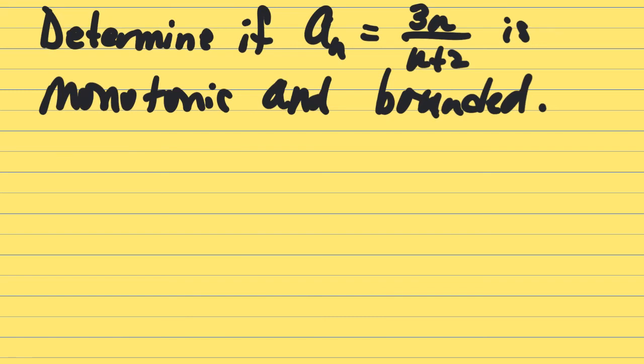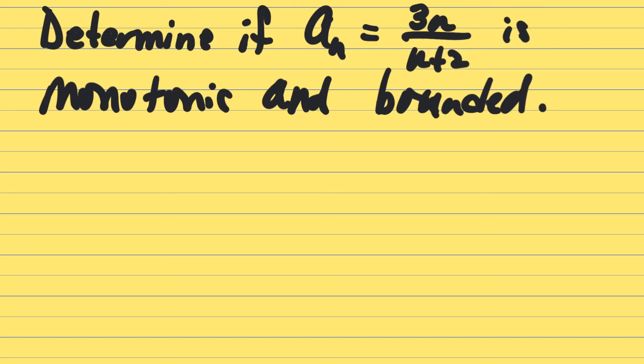And finally, we have the nth term of a sequence given, but we're going to go through some vocab, monotonic and bounded. Monotonic is just to make sure that as n gets larger, starting with 1, then 2, like if you were to write out a bunch of the terms like we did in the very first slide, to see if those values head in one direction, like do they keep getting larger or do they keep getting smaller.